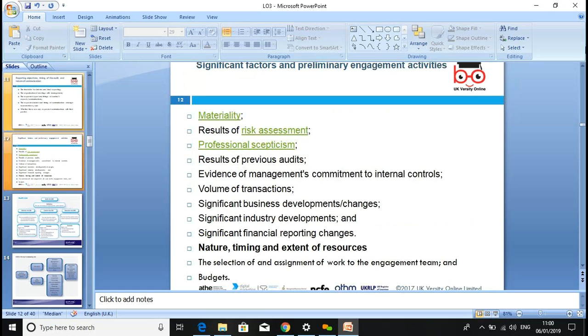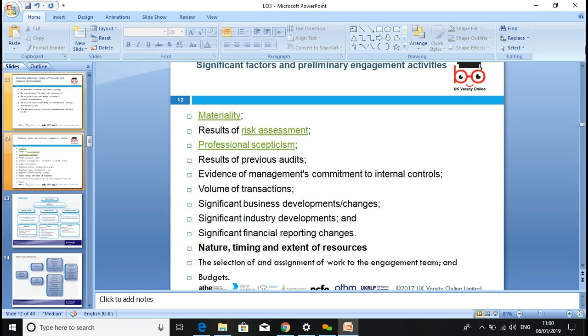Significant factors include the preliminary engagement activities. You need to look around the materiality and the result of the risk assessment, your professional skepticism, your professional judgment, the result of the previous audit, the evidence of management's commitment to internal control, and the volume of transactions. Maybe we look at 10% samples from these transactions.